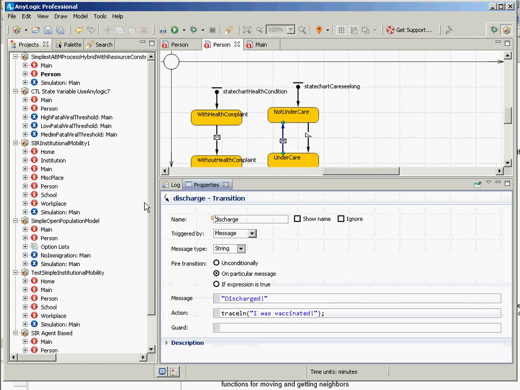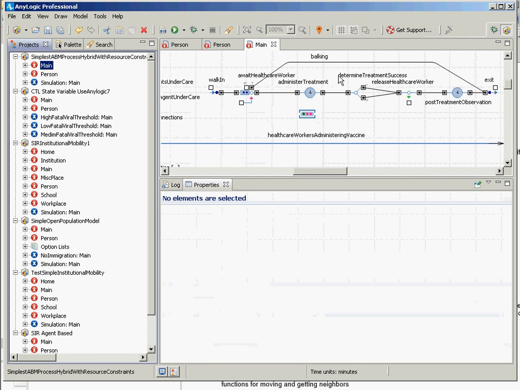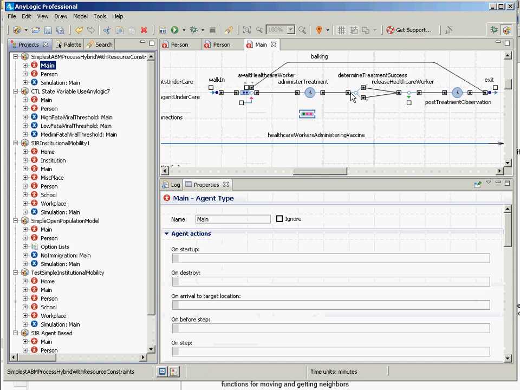So does this mean every single person in the population who's under care will receive this message? No, no. Good question. Very good question. So this message is sent to a particular entity, and you'll find multiple lectures of mine online on discrete event modeling that explain this in greater detail.